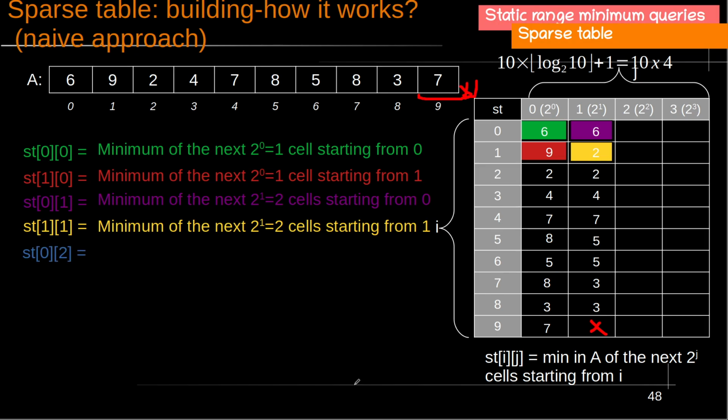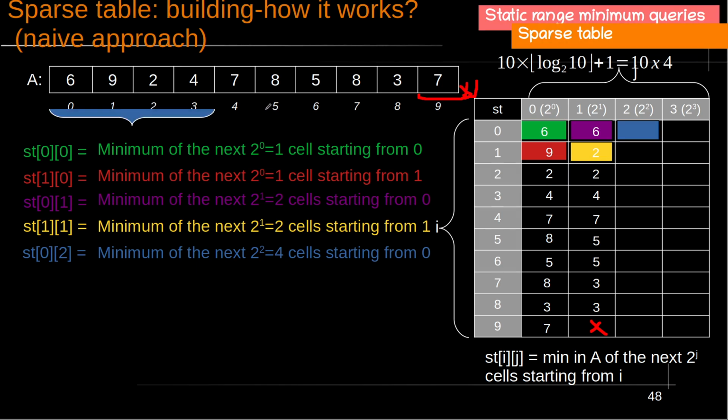Let's go to the third column. ST[0][2], which is this one, the blue cell. We're going to take the minimum starting from 0 of the next 2^2 cells, which is 4 cells. We speak about these 4 cells. So the minimum here, as you see, is 1.